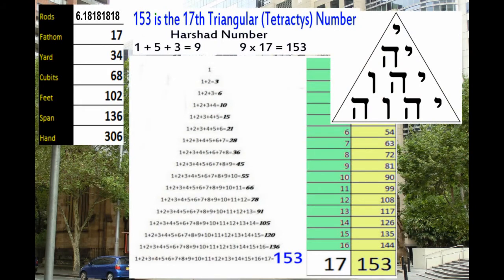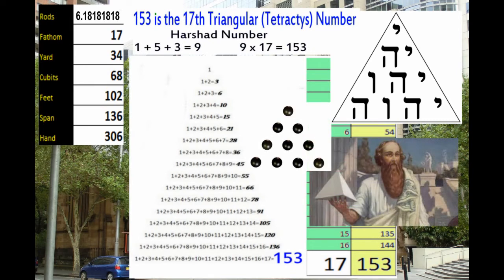And now 153, the 17th tetractus, that connects triangular number, brings us to the name of God as expressed in Kabbalism. We see a tetractus form there, but the tetractus there with the dots, the initiates into Pythagorean number cults, or the Pythagorean schools, swore an oath upon the tetractus.